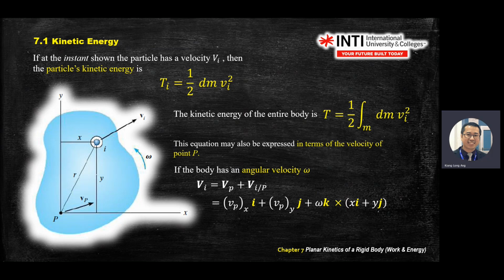Omega here rotates anti-clockwise, right-hand rule, positive, so that's why positive k. Omega r: what is your r? This is your r. Split r into x and y, so r equals xi plus yj. So go home and practice how to do cross products.